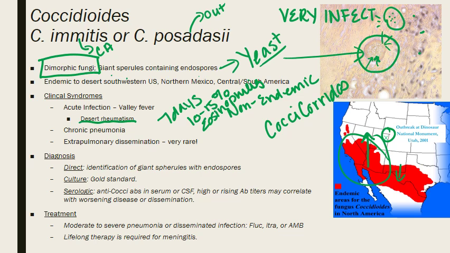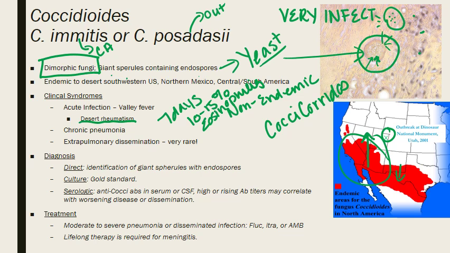It's important to note that these are actually immunologic reactions. So these are not a sign that the infection has actually spread extrapulmonary. It's immune mediated. So it's entirely based on the host inflammatory response, and it usually resolves spontaneously.